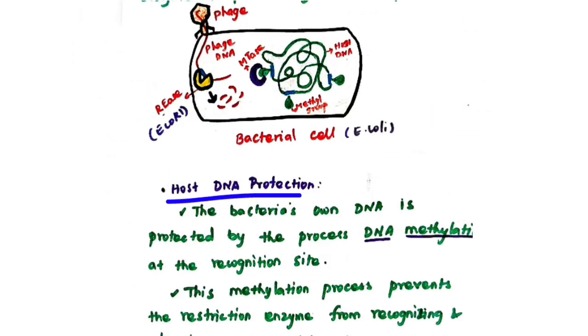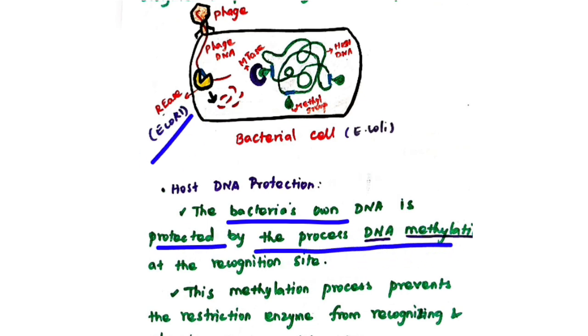Then host DNA protection. That means EcoRI's restriction site is not only present in the foreign DNA, it is also present in the bacteria's own DNA. The bacteria's own DNA is protected from EcoRI by the process of DNA methylation at the recognition site.